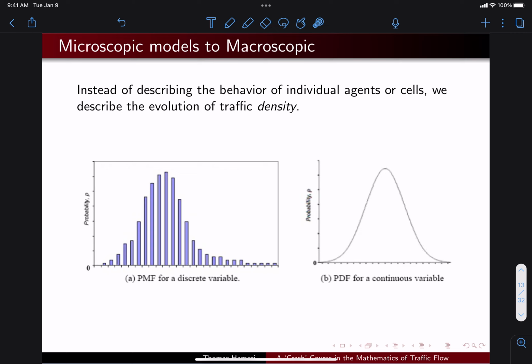So if I have a density function and I integrate, I get an area under the curve, such as this. Okay, maybe we haven't talked so much about integration yet. But there is a relationship between the area under this curve and the total traffic mass. If you take the discrete model and you say, well, in this grid space, I have 20 cars, and in this grid space, I have 18 cars, and in this grid space, I have however many cars, right?